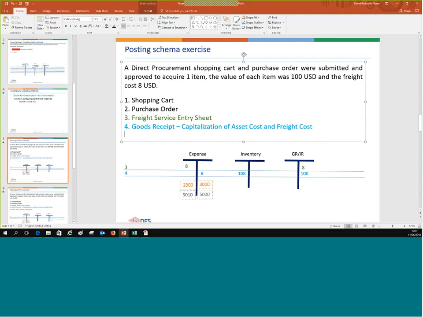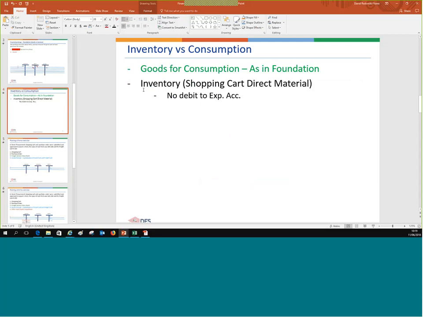Okay, let me just remove this because it's from a previous example. I don't want you to get confused. So you have a shopping cart, and we have a purchase order. And what is the purchase order for? It's direct procurement. So it's a direct material, which means that they are acquiring for inventory.